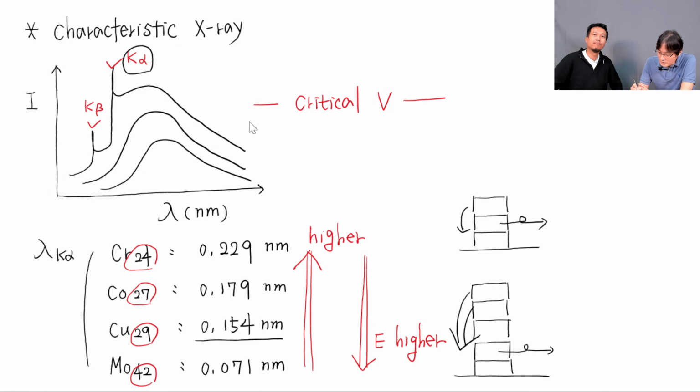There is some critical voltage. Before the critical voltage, we only see the continuous X-ray. This is the continuous X-ray region.